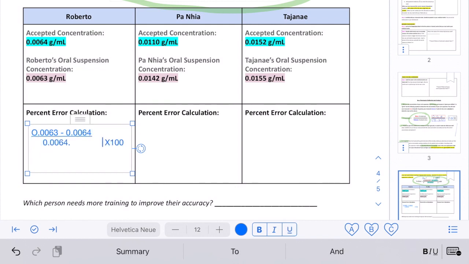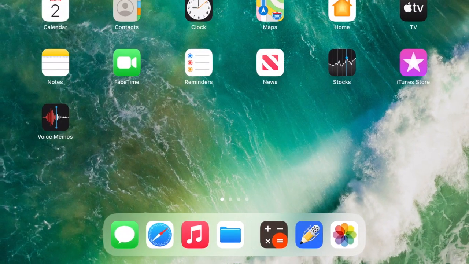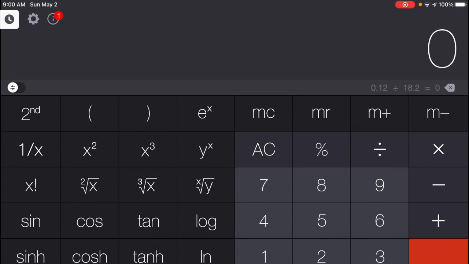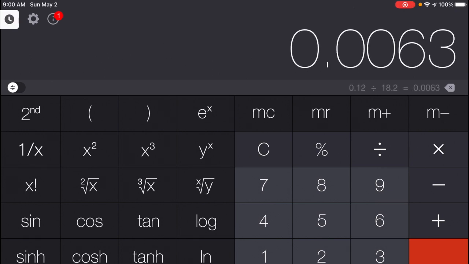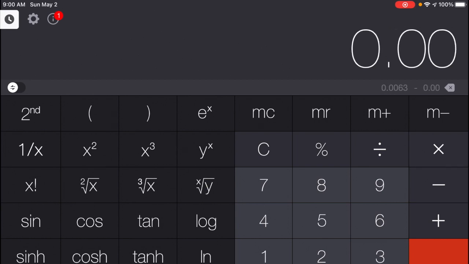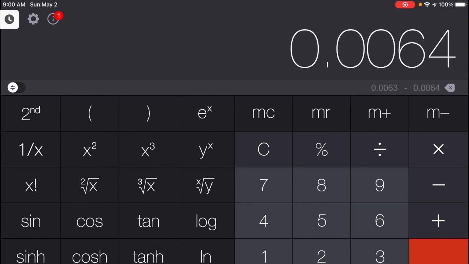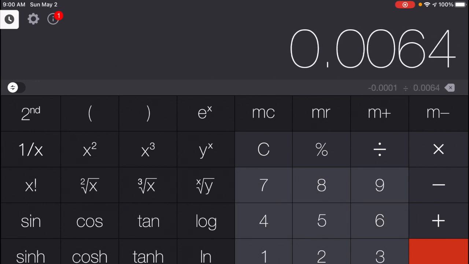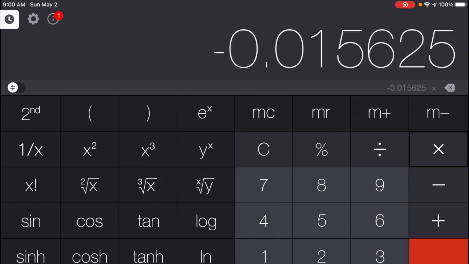So now I'm going to jump to that calculator again. 0.0063. Make sure you have all those zeros correct. Minus 0.0064. Hit the equals sign after you subtract. Then divide by 0.0064. And then times 100.